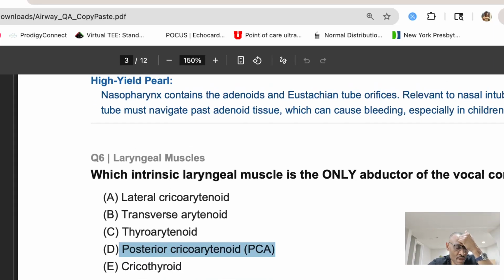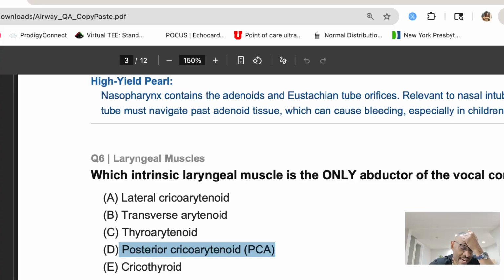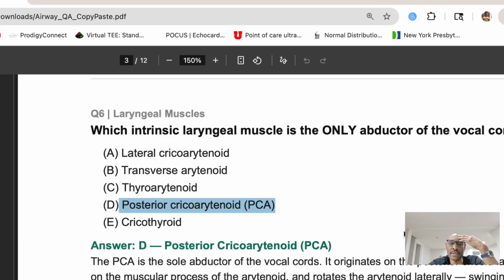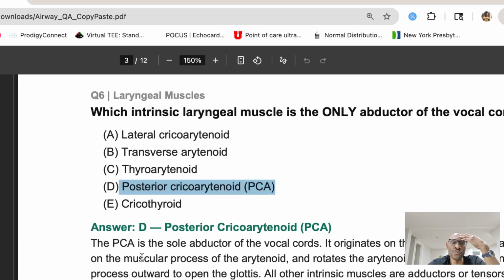Its one sole job is essentially to abduct the vocal cords. It's not its only job, but for the sake of argument, I'm going to say that and keep that in my head. And again, it originates on the posterior cricoid lamina.